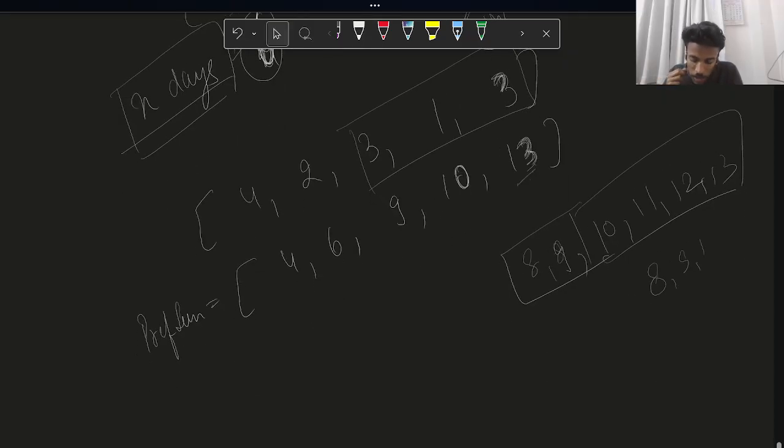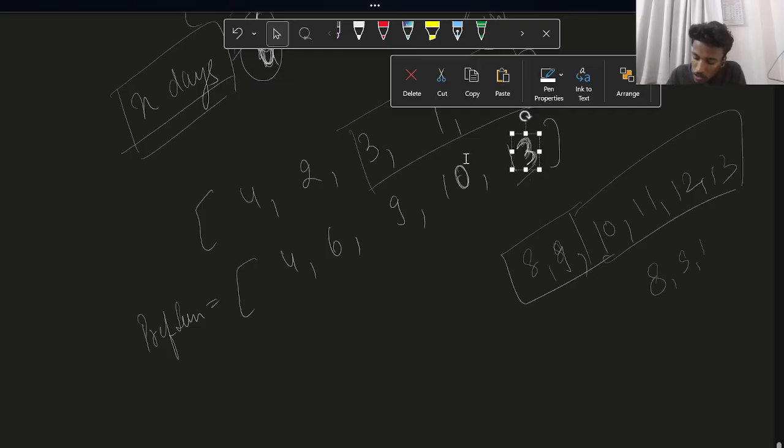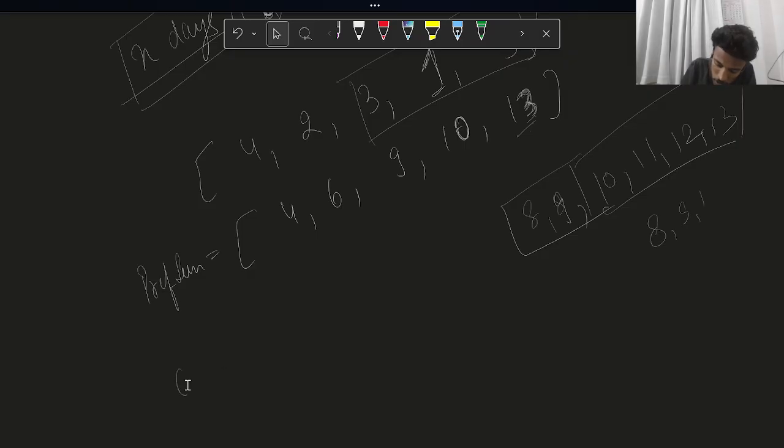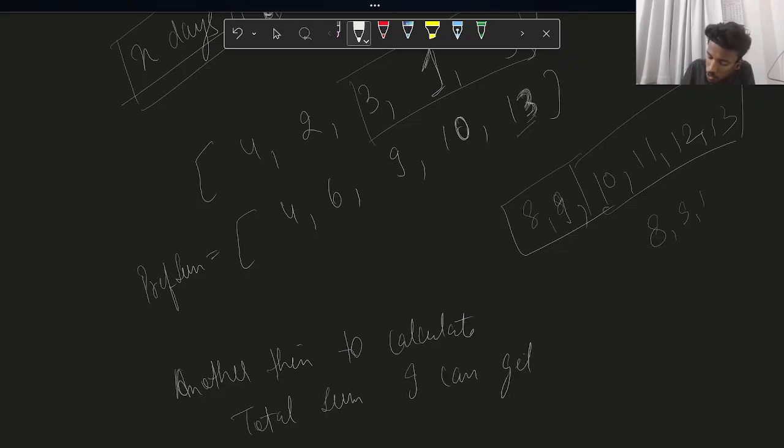Another thing we need to see here is how to quickly calculate the total sum I can get out of a particular month.